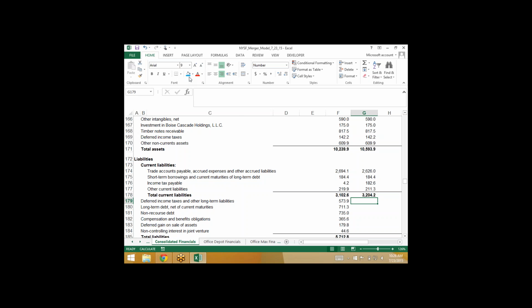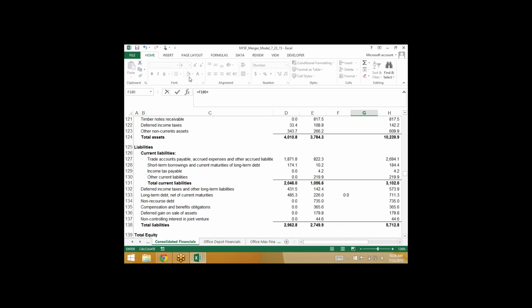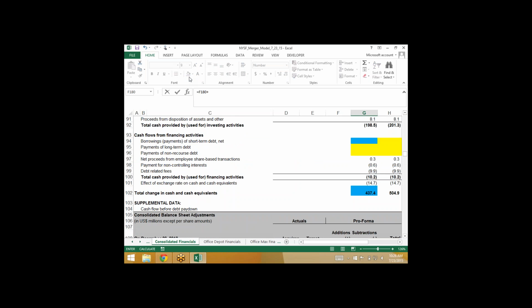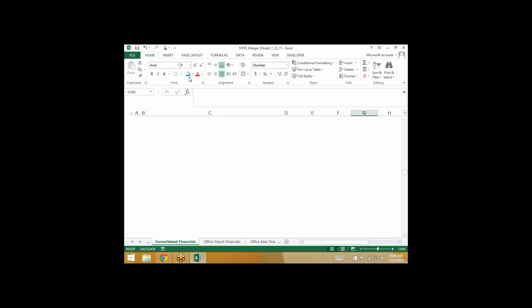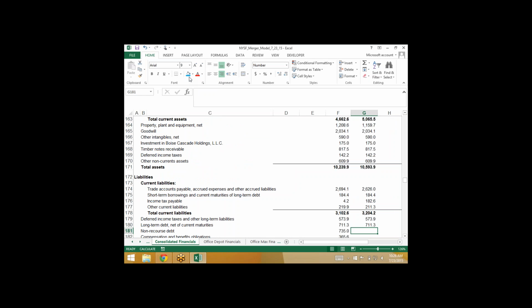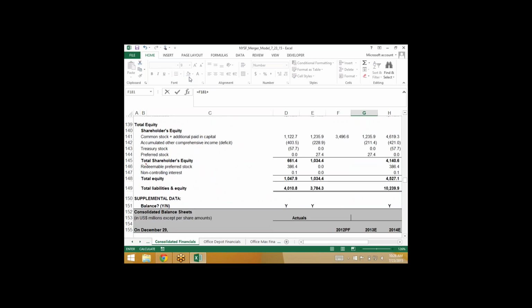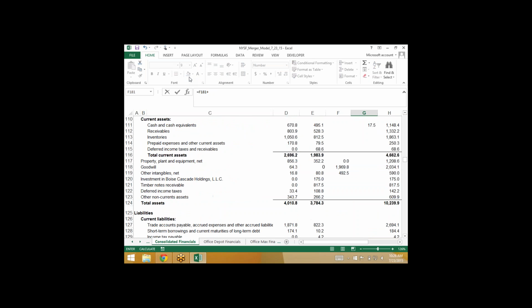Okay, deferred taxes. I want to analyze the deferred taxes a little bit later. I'm going to keep that flat. Long-term debt, we know comes from long-term debt, which is the year before plus the long-term debt, payments of long-term debt. Non-recourse debt is the year before plus payments of non-recourse debt.